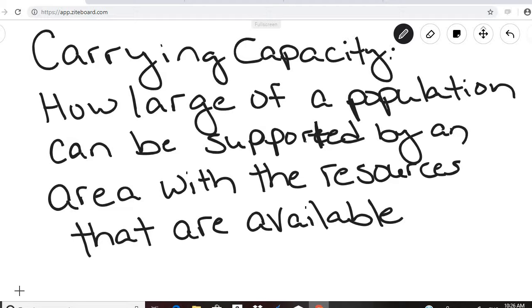So, for example, think about the resources that are available within Eagle Creek Park here in Indianapolis, and let's think about white-tailed deer. We know there are a lot of deer that live in Eagle Creek Park. How many white-tailed deer can live there with the resources that are available?